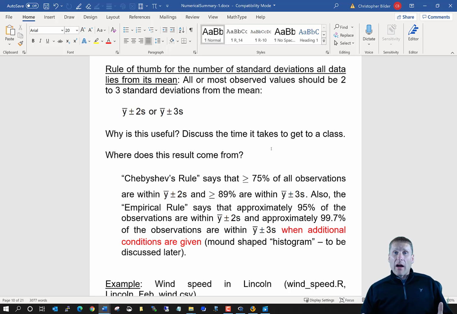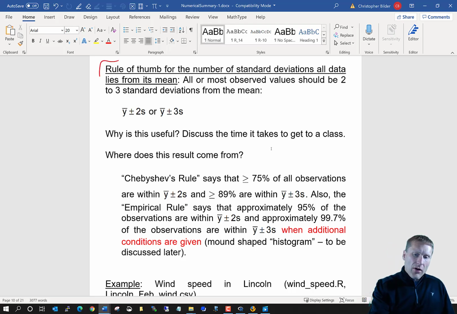Most people don't. And so the purpose of this next part is to help give you an intuitive understanding of what variance and standard deviation mean relative to your actual data values.